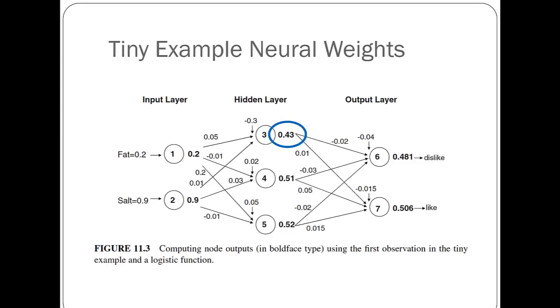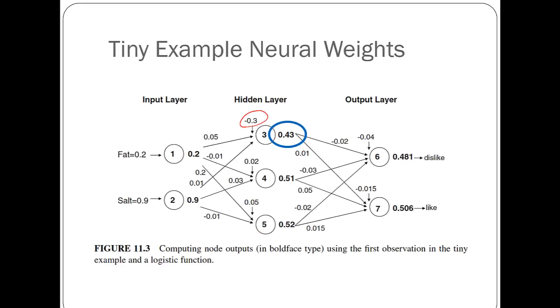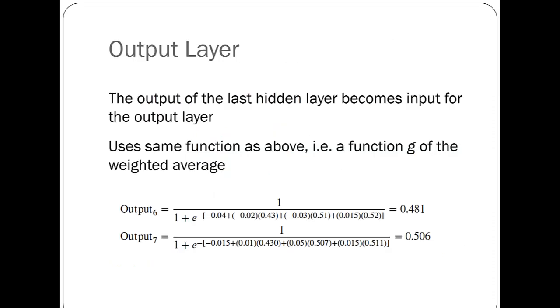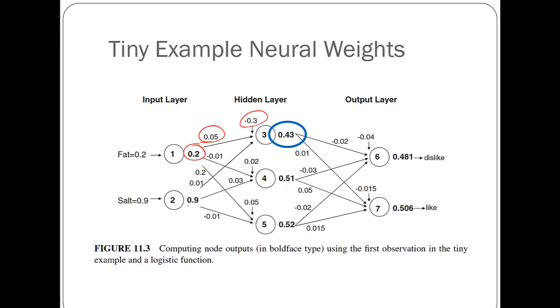So here's how it works. You can see here we have a negative 0.3, this negative 0.3 right here, plus 0.05 times 0.2. This 0.05 again is random, plus 0.01 times 0.9. Here's the 0.9, that's the salt value, and the 0.01 is the random starting weight.